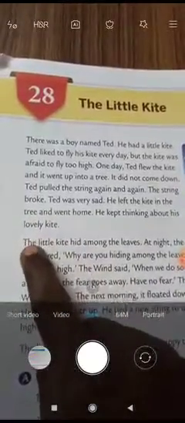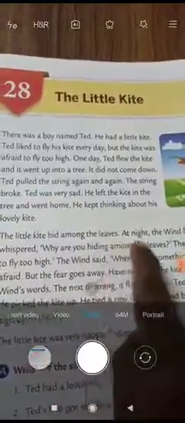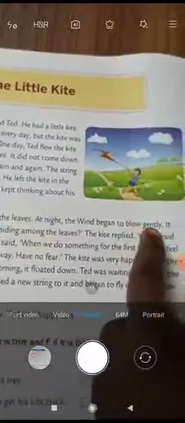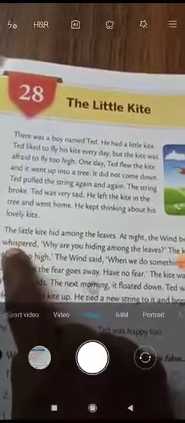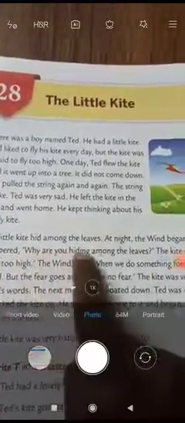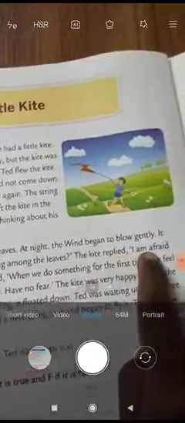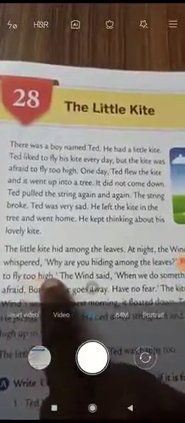So the next paragraph is, the little kite hid among the leaves. At night, the wind began to blow gently. It whispered. Whispered means to speak softly. Why are you hiding among the leaves? The kite replied, I am afraid to fly too high.